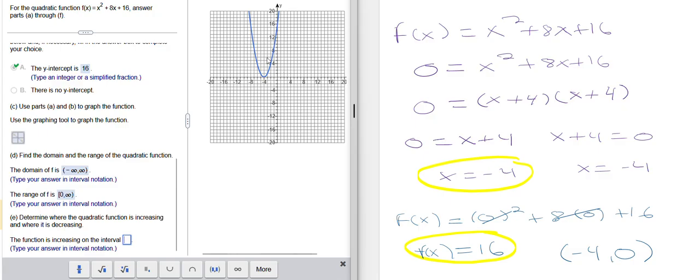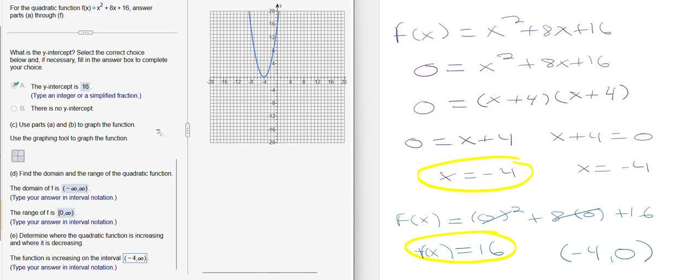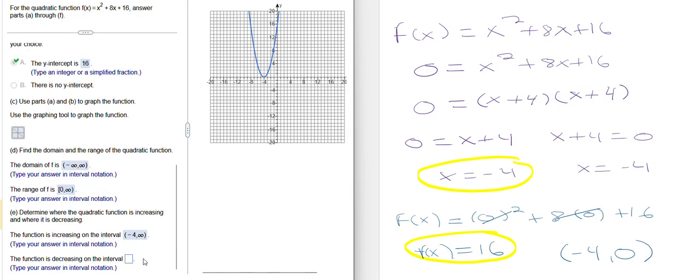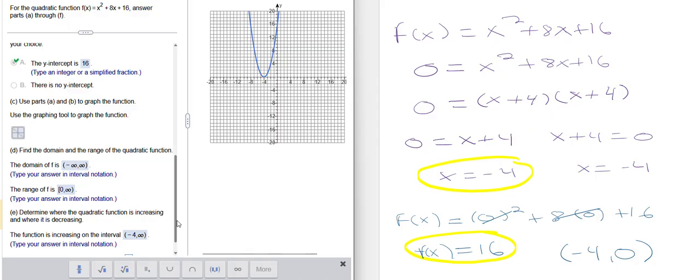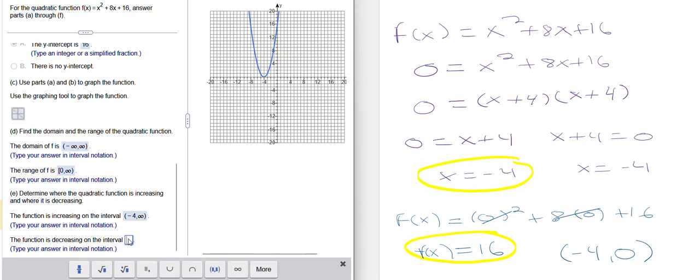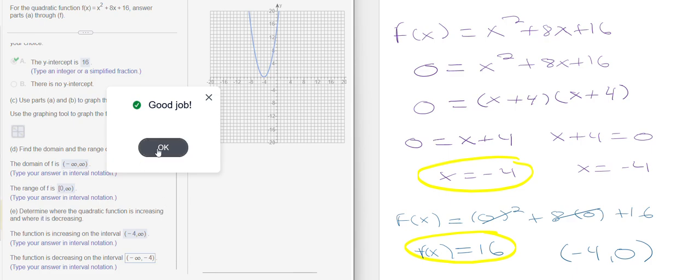From -4 all the way to +infinity, the x's are increasing. So from -4 to +infinity, my x's are increasing, okay? Versus from -infinity to -4, my x's are decreasing, okay?